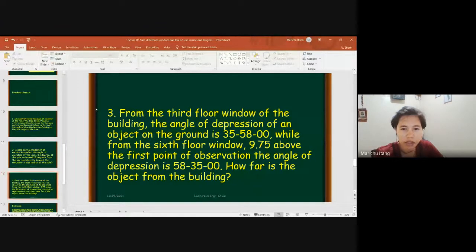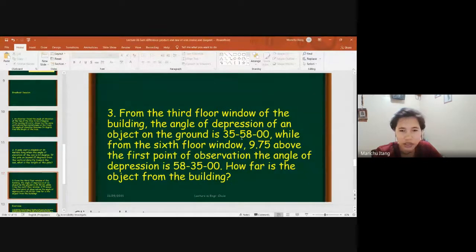Then there is another observer located on the sixth floor, so he is higher up. The distance from the third floor to the sixth floor is 9.75. The angle of depression of the person on the sixth floor to the object on the ground is 58 degrees, 35 minutes. Now, the question is, how far is the object from the building?